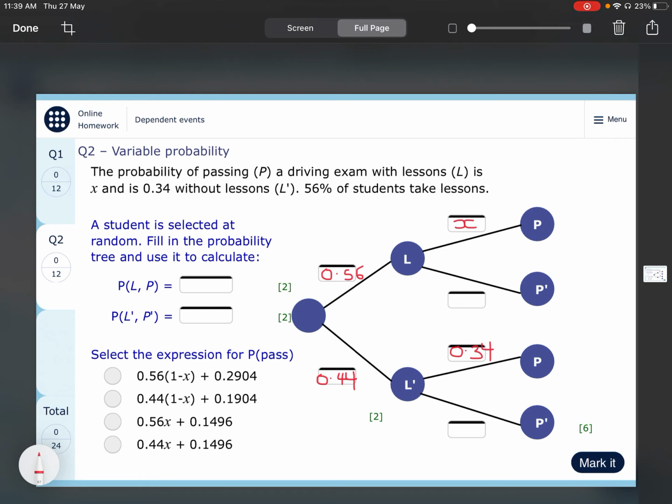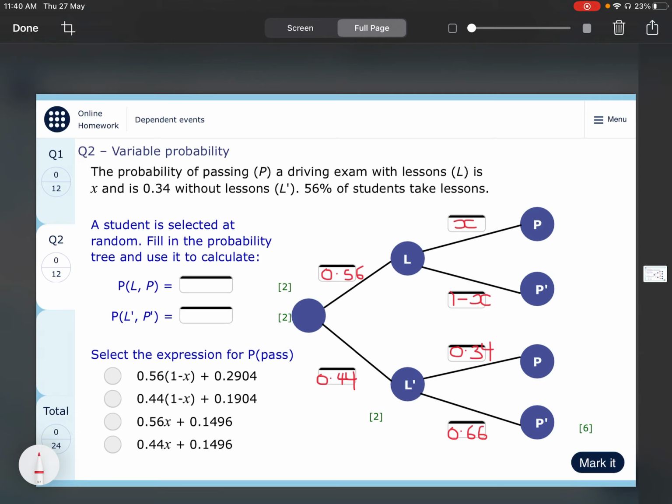So out of 100% in essence that you're looking at. Right, now if this is x, then this must be 1 minus x. And if this is 0.34, this has to be 1 minus 0.34, which is 0.66.